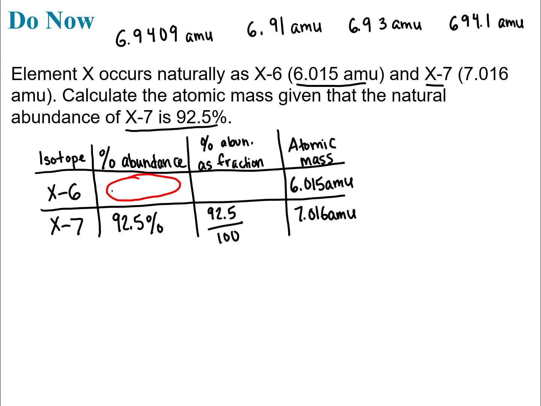You have to subtract 100% minus the percent abundance of X7. Since there's only two of them, that's all you have to do. So when you do that, you know what? I should have wrote that much smaller. Let's try that again.